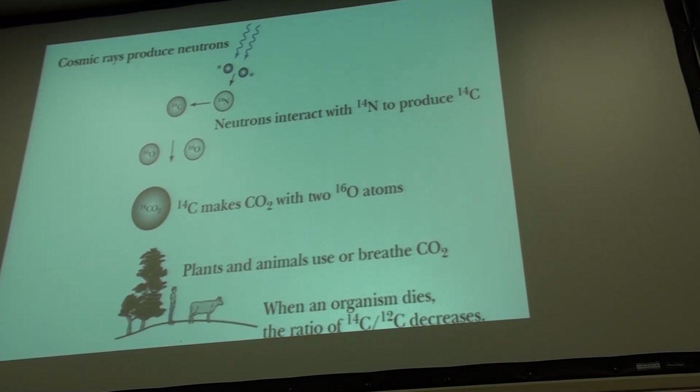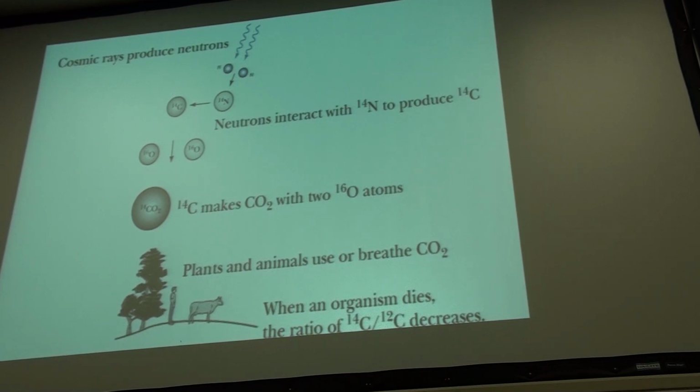Now, as long as we have living creatures that are taking in the carbon, and so we eat the carbon that is produced by plants, and the plants take in the carbon in the form of CO2 during photosynthesis, then that means that the amount of heavy carbon in all living creatures should be about the same.